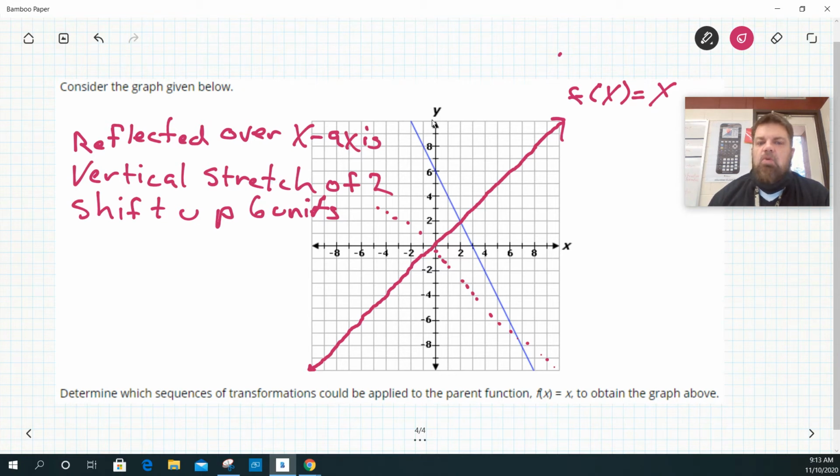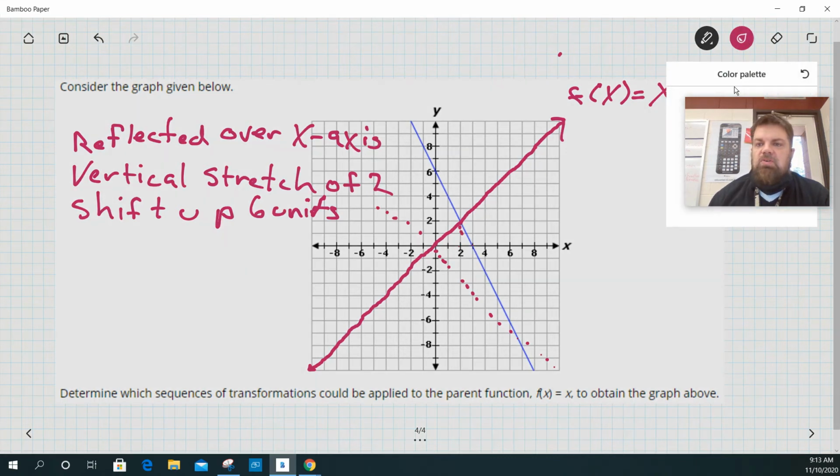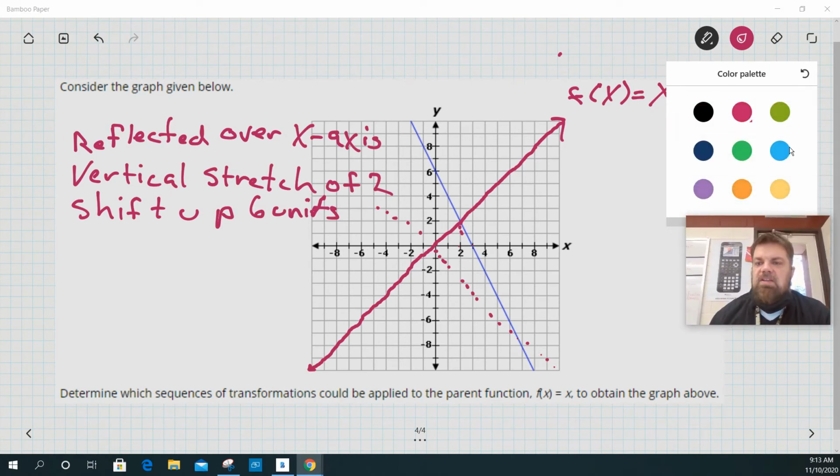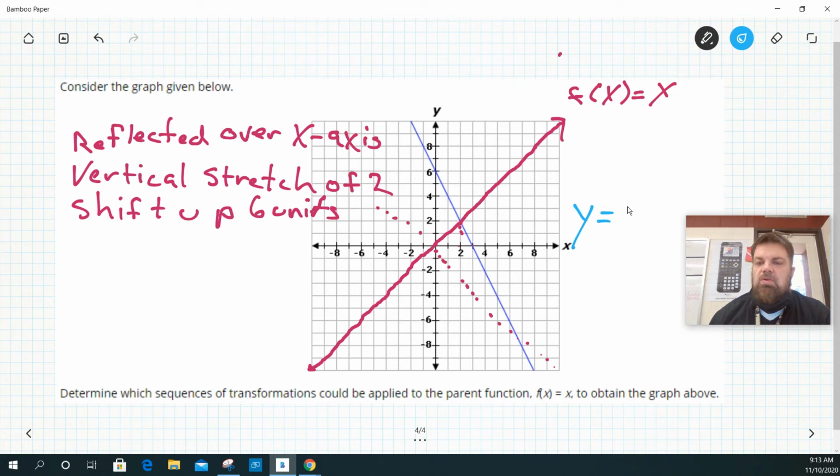And then the slope is different too. If I look at the slope of the diagonal, my slope on this line is -2. In other words, if I go down 2 over 1, the slope of the blue line, let me start labeling the things on the blue line. The blue line is the equation y equals -2x plus 6.